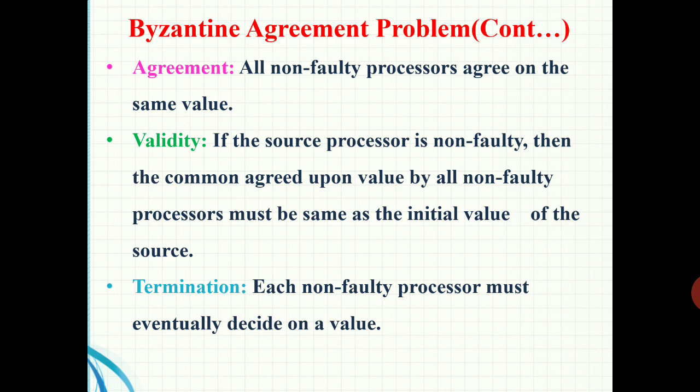So if the source is faulty, then all the non-faulty processors can agree on any common value. At the same time, the value agreed upon by a faulty process is irrelevant. That is about the first protocol, the Byzantine agreement protocol.